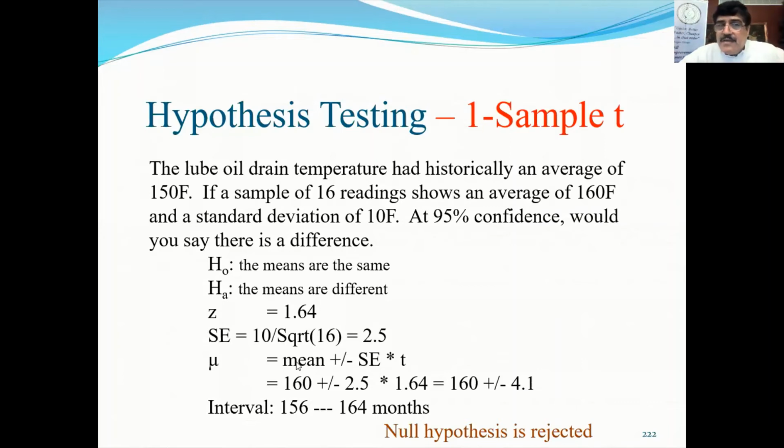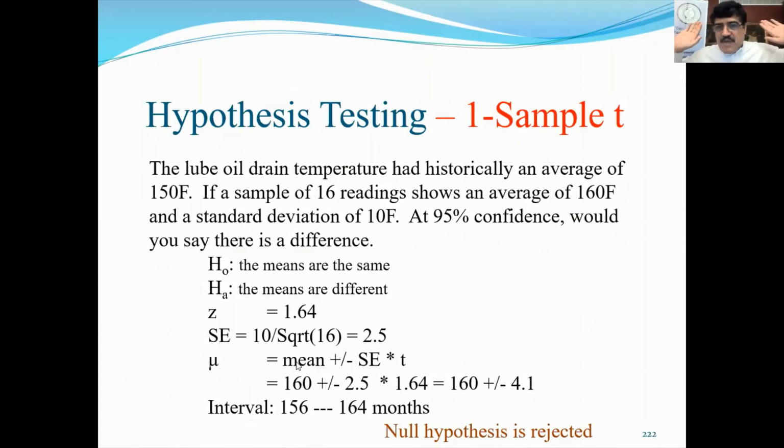Can you say that it was 150, and now I'm taking new data and seeing 160? Can you say with 95% confidence that there is a change? This is the way you do it. You do hypothesis testing. So the null hypothesis, المبدئية, is that the means are the same.